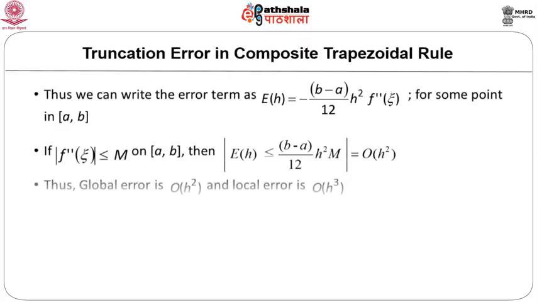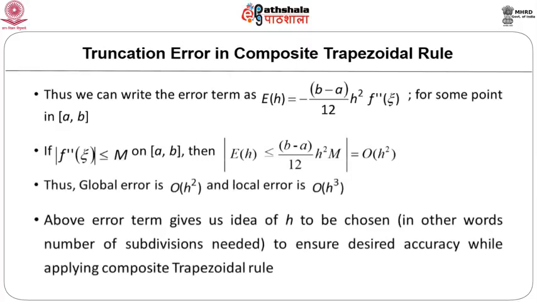And so, we can write down the error term as minus b minus a by 12 h square f second derivative at xi, where xi lies in the interval a to b. If we can find an upper bound M on the second derivative of f on the interval a b, then we can say that the error is less than or equal to b minus a by 12 h square M. And so, this error term is of the order of h square.